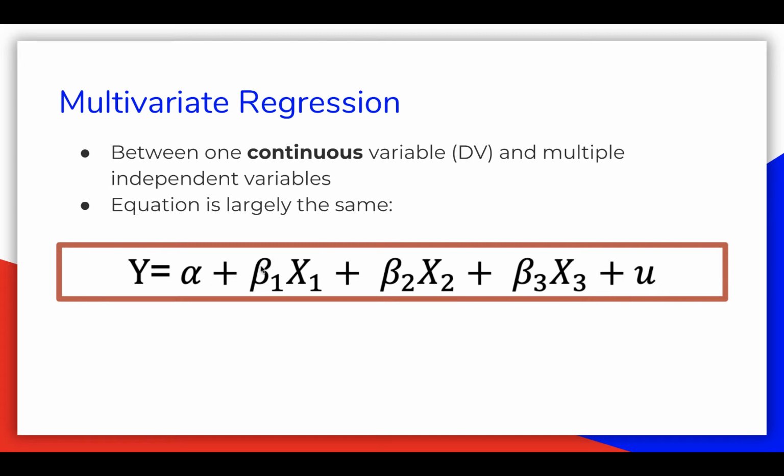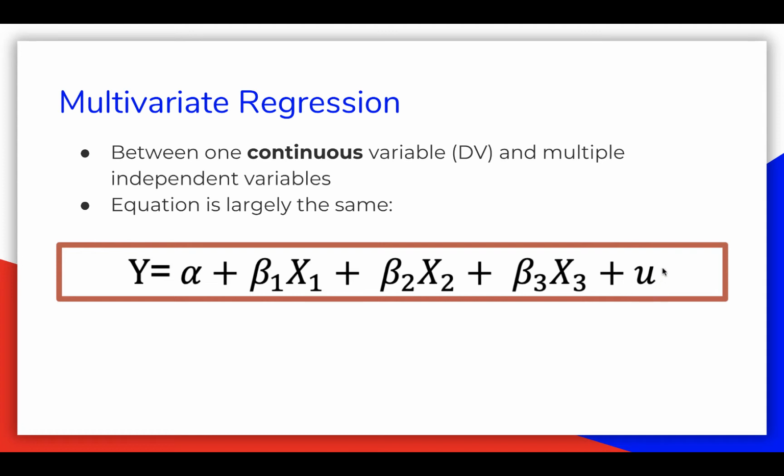So beta 1 is the slope, or coefficient for our variable x1, plus beta 2, which is the slope for our variable x2, plus beta 3, which is our coefficient for our variable x3.